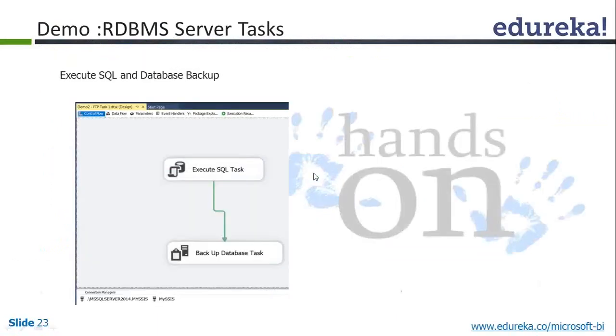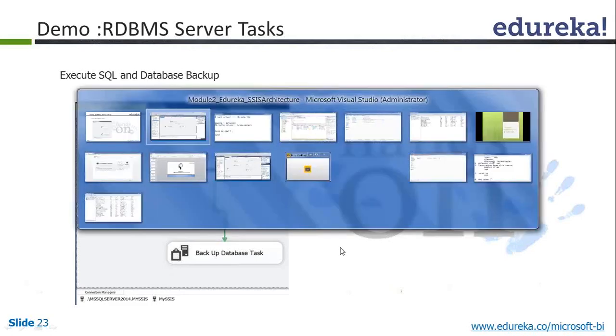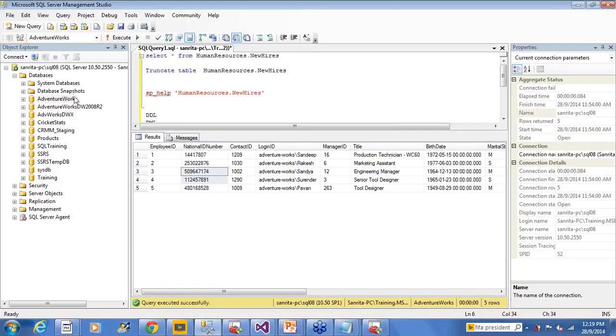Okay, so I'll show you another example. I want to do a hands-on. I want to execute a SQL task on a database. My concept is to use an SSIS package to back up a database. If I go back to my SQL Server, these are the databases I have.